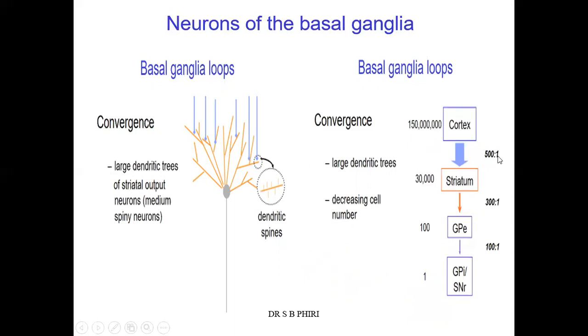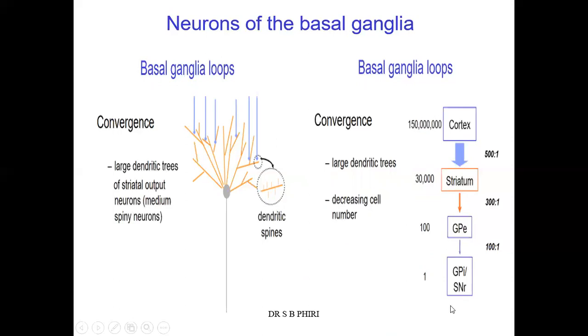Then the 30,000 neurons of the striatum, these are now the medium spiny neurons. They will communicate with about 100 neurons of the globus pallidus external. And the globus pallidus external, you'll find that they will just communicate with one neuron of globus pallidus internal or substantia nigra or the subthalamic nucleus.